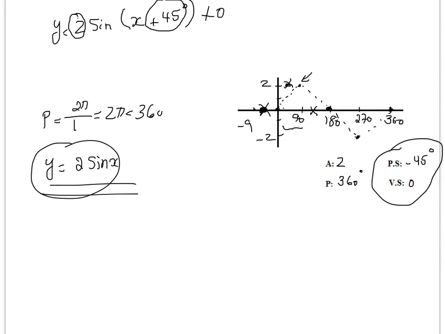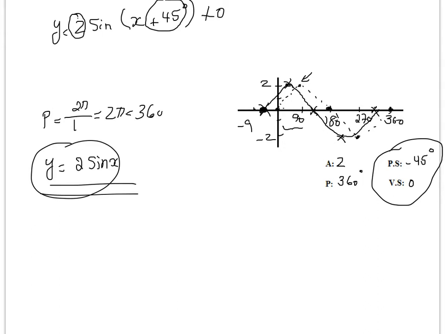I go to the left 45 degrees. So it's going to be this point. Then go to this point, 360. Go to the left 45 degrees. Now connect these crosses together. This is going to be your final curve. So it's going to be something like this graph.